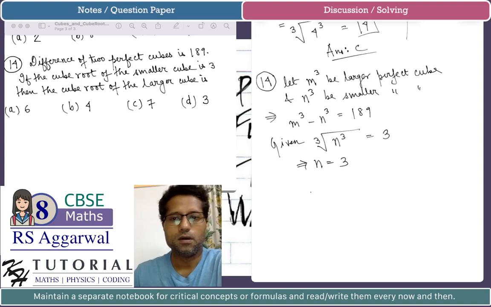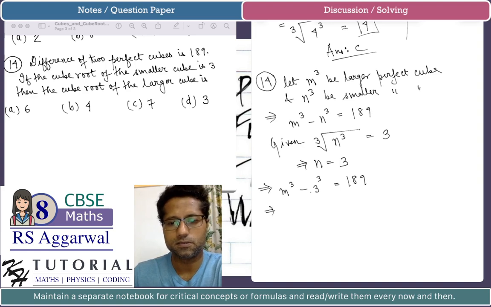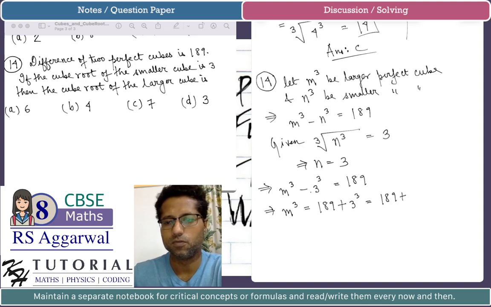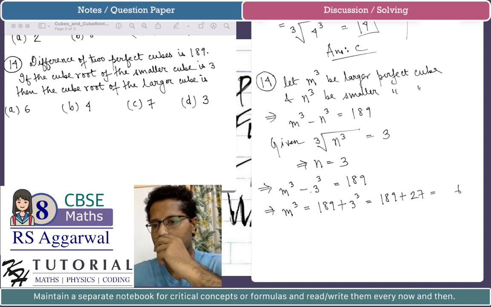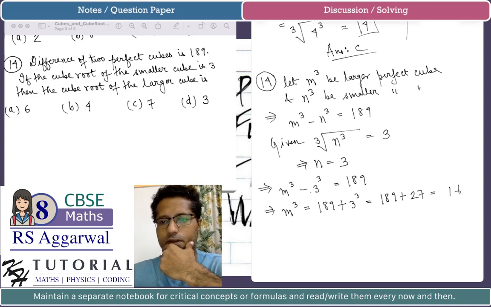Okay. So now putting the value of n in the equation m cube minus n cube equals 189, with n found to be 3, we get m cube minus 3 cube is equal to 189. So m cube is equal to 189 plus 3 cube. 3 cube is 27, and 189 plus 27 is 216.